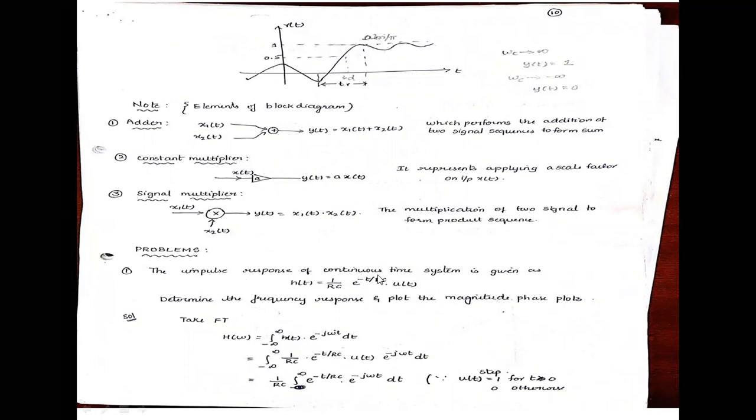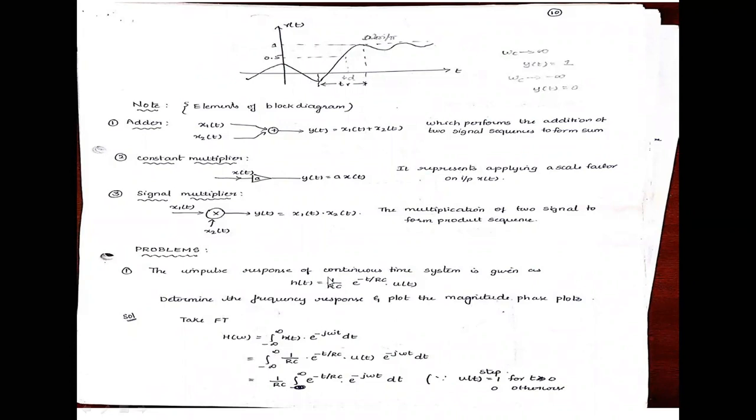The impulse response of the continuous time system is given as follows. I also already told this is an example. Definitely you will get it in the mid examination also. Given h of t equals 1 by RC, e power minus t by RC, mu of t. Determine the frequency response and plot the magnitude and the phase.